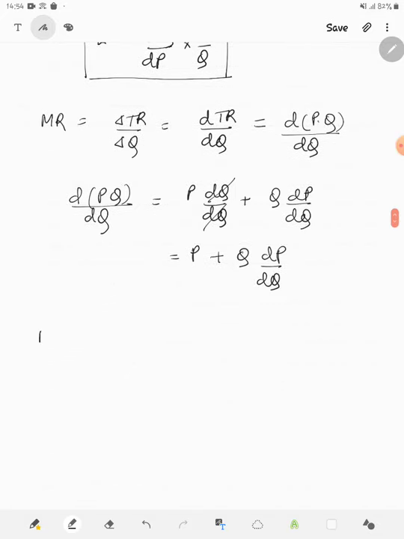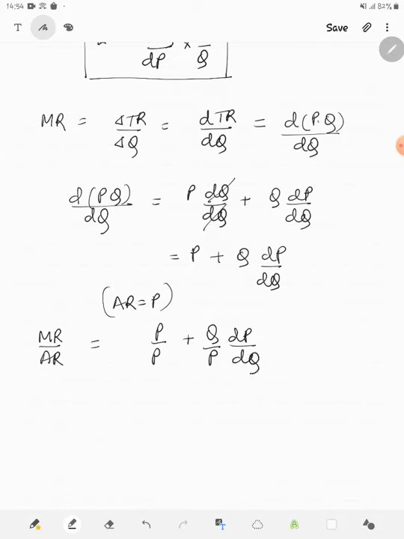Now if we divide MR by AR, being equal to P, we get (P plus Q dP by dQ) by P, which is 1 plus Q by P into dP by dQ. Here P and P get cancelled, so we are left with Q by P into dP by dQ.